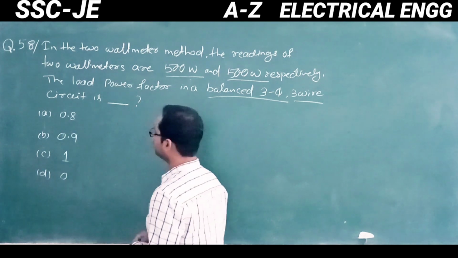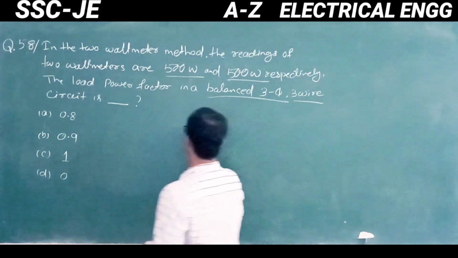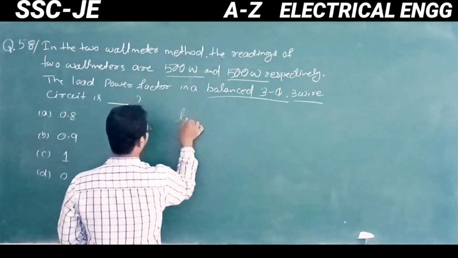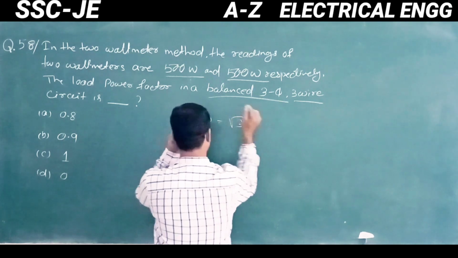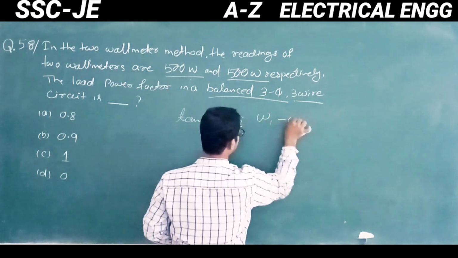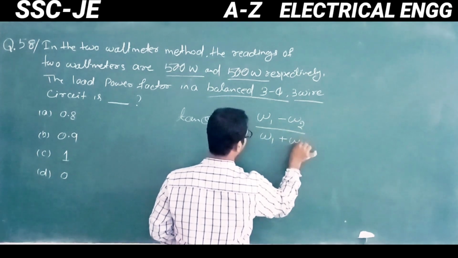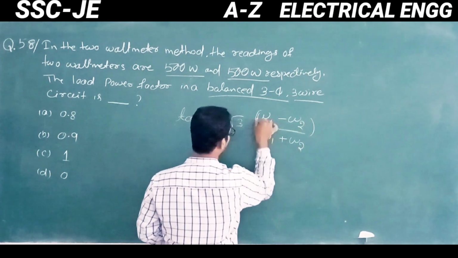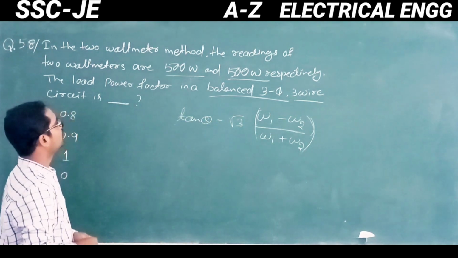Options are 0.8, 0.9, 1 and 0. So there is one formula, tan theta is equal to root 3 times W1 minus W2 divided by W1 plus W2. W1 and W2 are the wattmeter readings of the circuit.